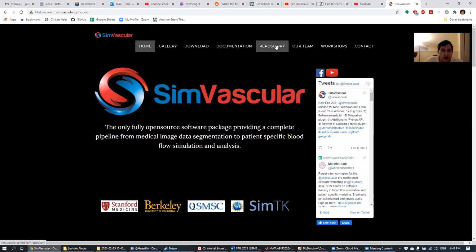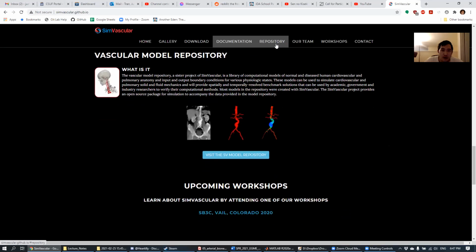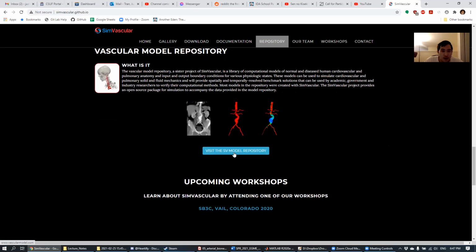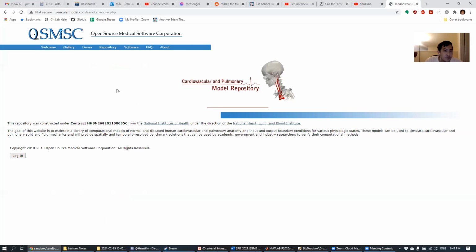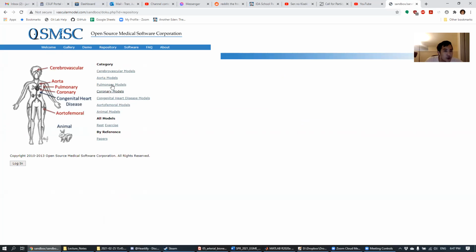Repository is basically the database for the medical image data. Then I click this button for Visit SV Model Repository, and it'll take you to this website. From here, you click the button for Repository, and then you can check out all the different models here. I'll send the link out in an announcement right after class.